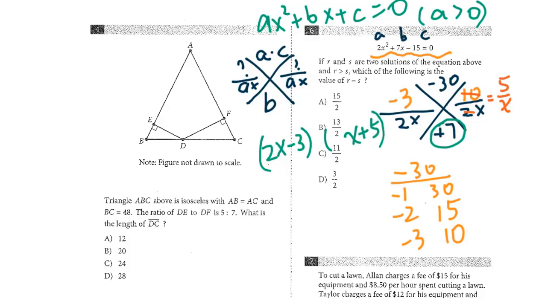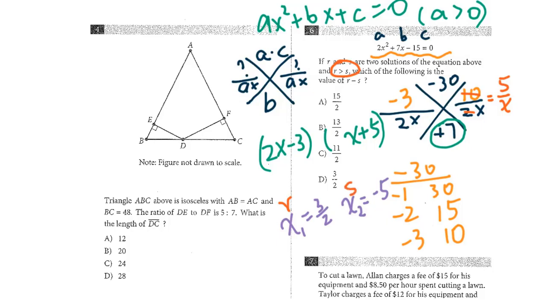By making both factors equal 0, you will get x1 equals 3 over 2. Then your x2 equals negative 5. According to the given information, r is greater than s. So this is r, here's s.